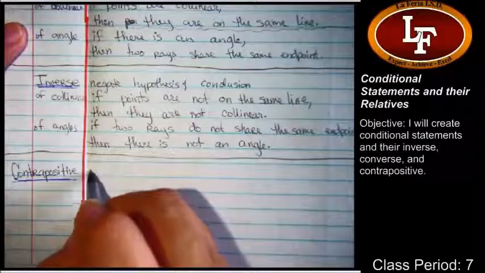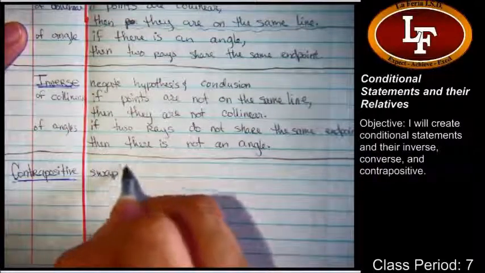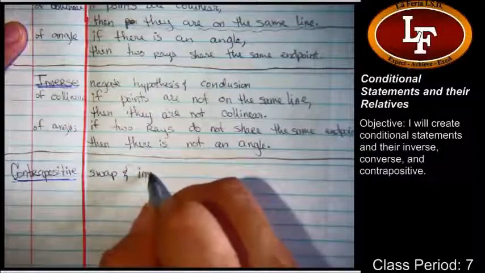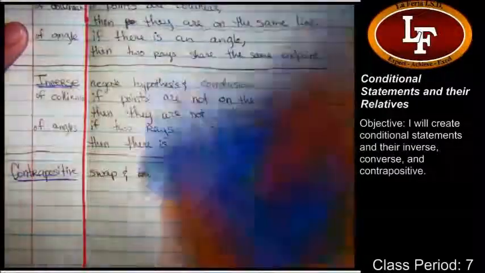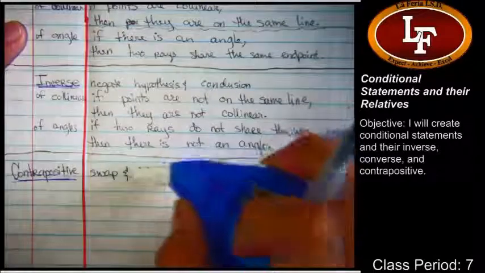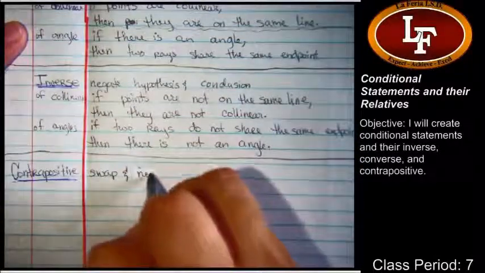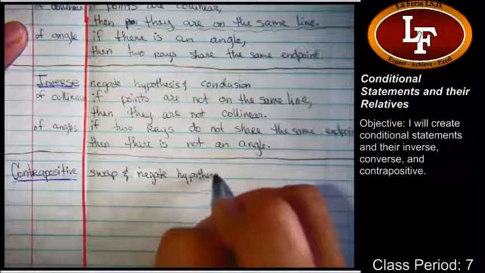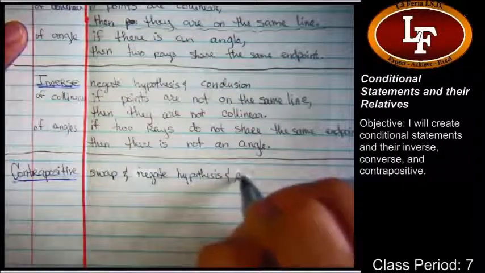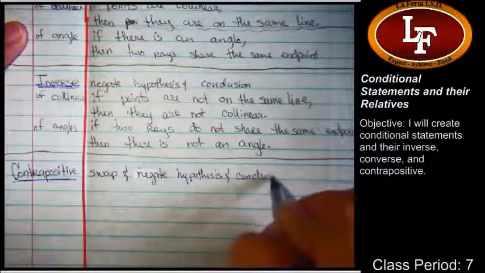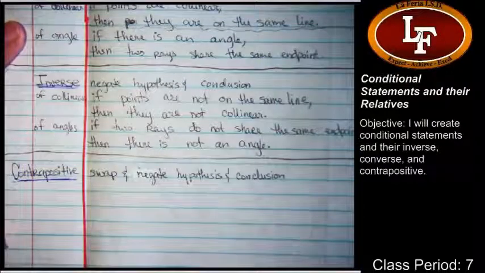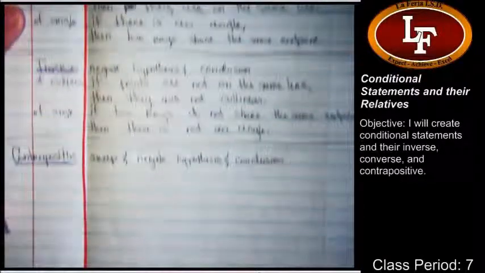The contrapositive, again looking at the original statement, the original conditional, asks you to swap and negate the hypothesis and the conclusion. So you're going to do both. You're going to swap and you're going to negate.